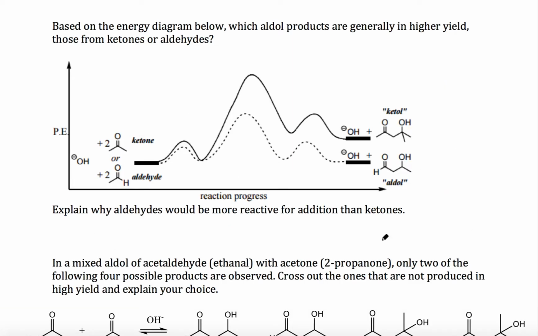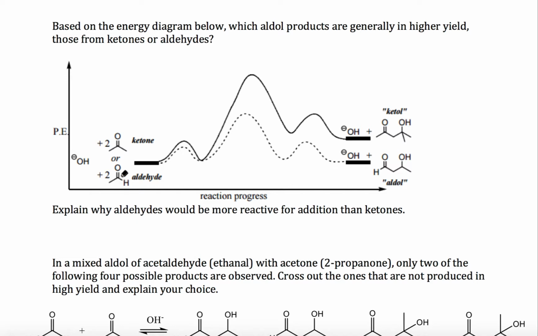Now, so far we've been using a lot of aldehydes, and the reason why is because the energy profile for aldehydes reacting is much lower energy than for ketones reacting, and that's for several reasons. One reason is that when you have the alpha carbon attack, the aldehydes are less sterically hindered as electrophiles. So aldehydes make really great electrophiles for that reason.